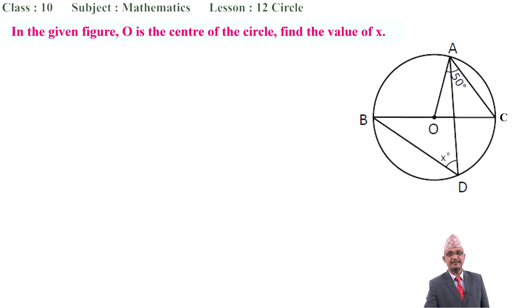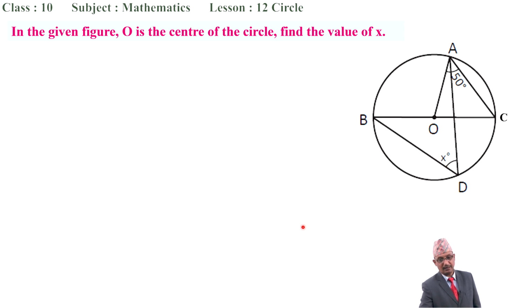Does arc AB subtend any central angle? Yes, arc AB subtends central angle AOB, and the same arc AB subtends inscribed angle ADB. So if we can calculate this central angle AOB, then the value of x is half of angle AOB.